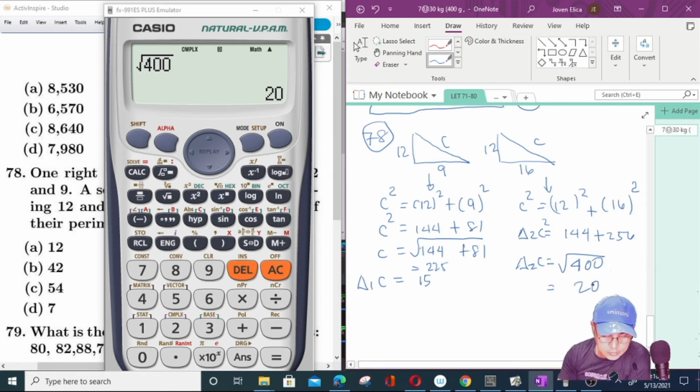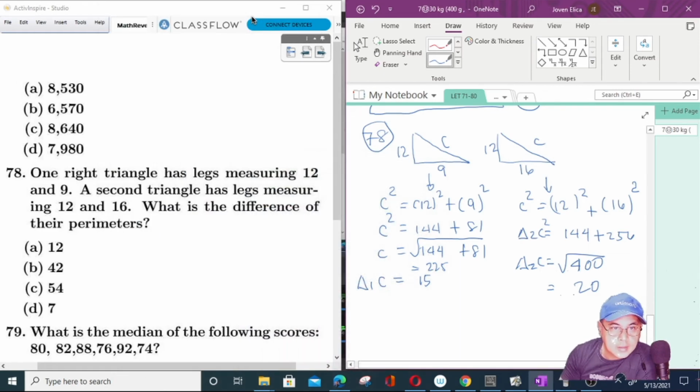So the question is the difference. What is the difference of their perimeters? By the way, the perimeter of triangle 1 is 12 plus 9 plus this one, 15.